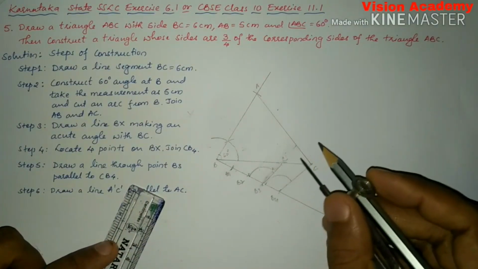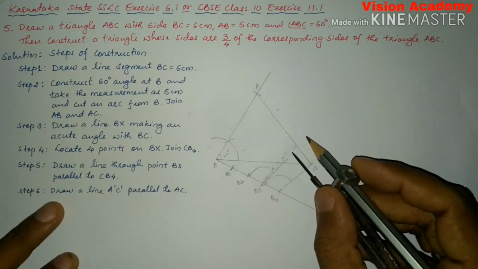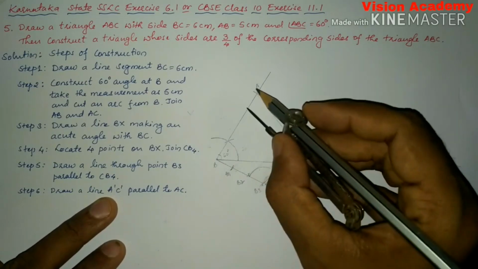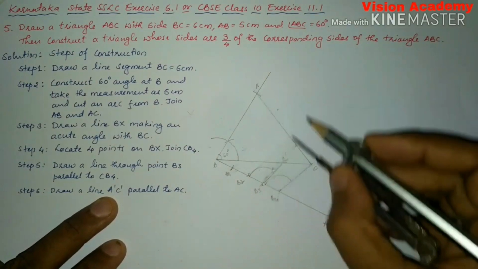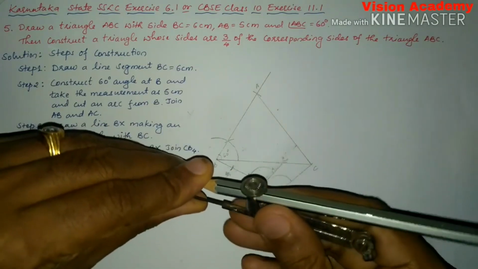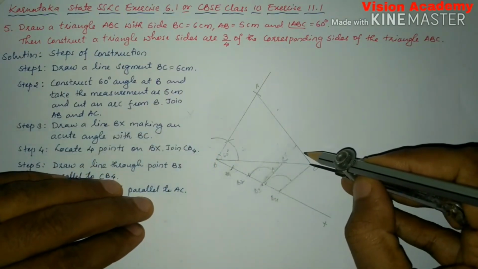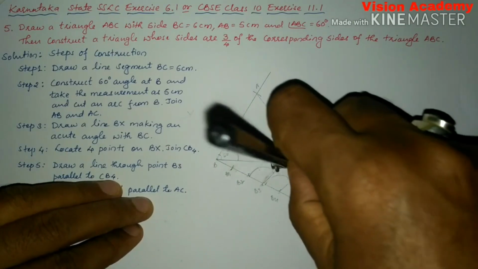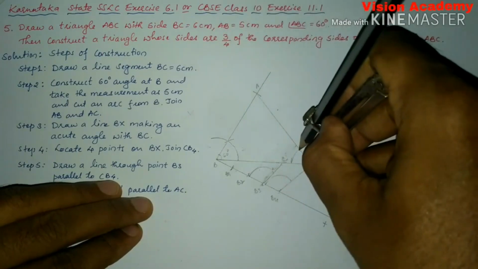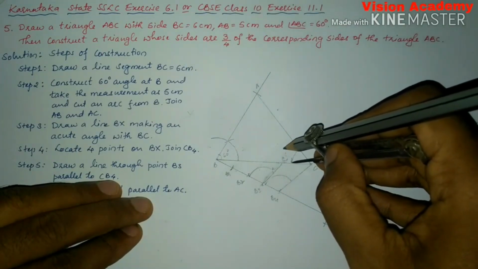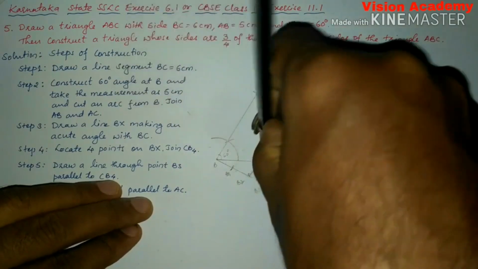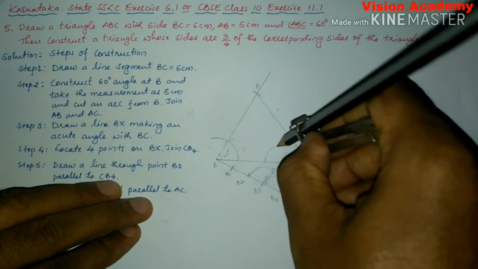Now we'll draw a parallel line. You can see here step 6, draw a line A dash C dash. So here one point comes, that is A dash, this is C dash, which is parallel to AC. In order to draw a parallel line, we have to draw a curve from this particular point, and now from this point C dash I'm going to draw another curve.